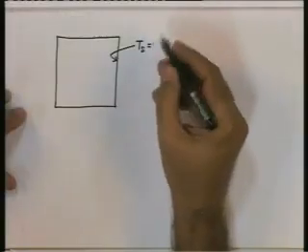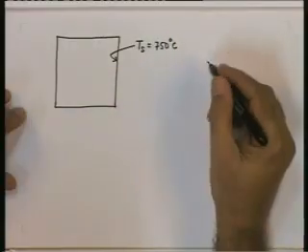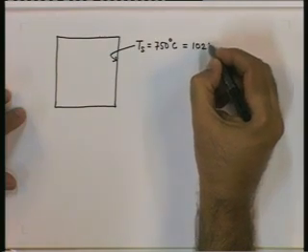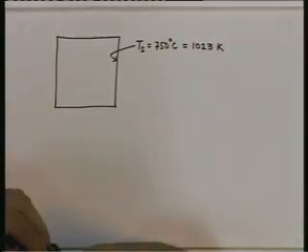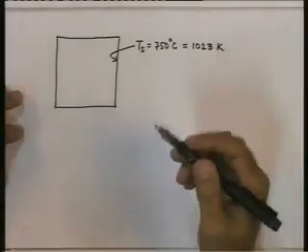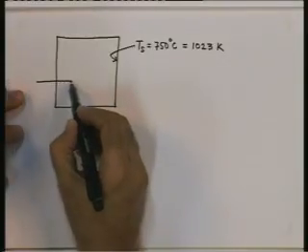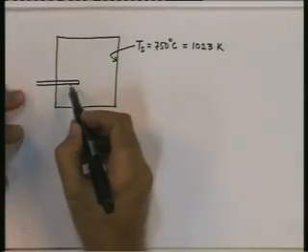Large enclosure whose surface, all inner surfaces are at a temperature of 750 degrees C, which is 1023 K. Let us say that this is the thermocouple which is inserted in it.